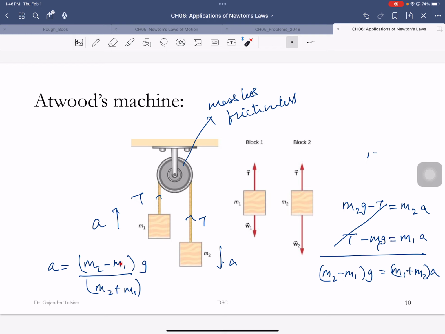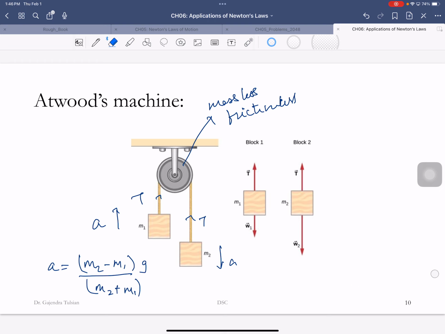So when M1 is 0, A will be equal to g. And when M1 is equal to M2, this is 0, and A will be 0.